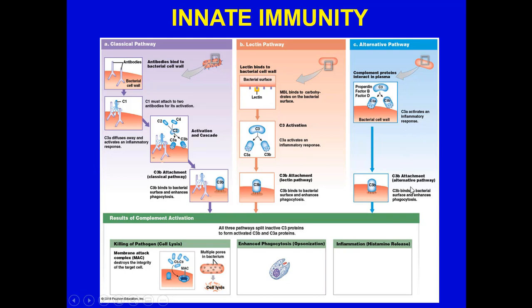Of course, the C3b will bind to the bacterial surface again and activate phagocytosis. So what you've got are three different results: killing the pathogen, cell lysis, by forming these membrane attack complexes, basically these holes in the membrane; enhancing phagocytosis, this is the opsonization; and finally, inflammation.